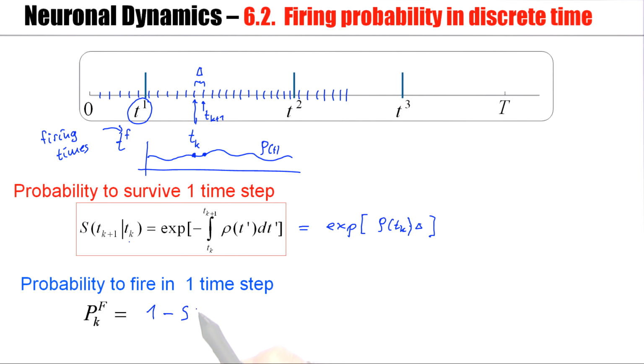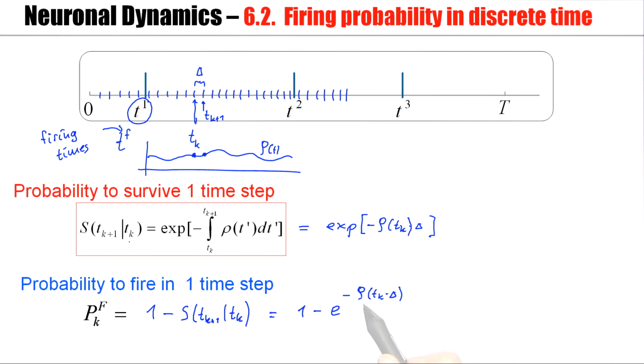So this is 1 minus S of tk plus 1 starting at tk. So this would be, using this expression here, 1 minus e to the minus rho of tk times delta.